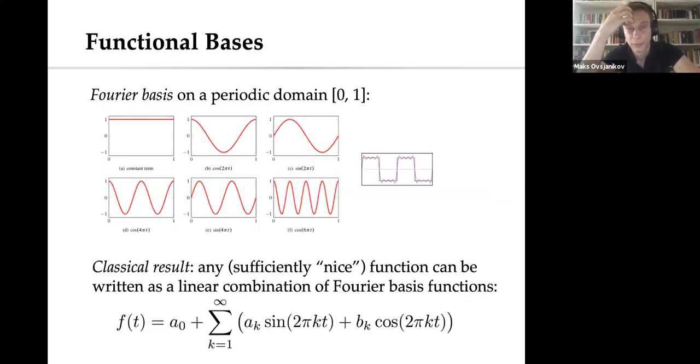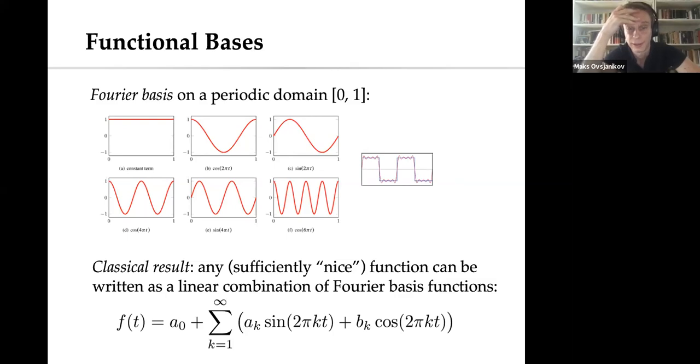I guess most of us are familiar with the classical Fourier basis. If you look at the periodic domain, the space between 0 and 1 on the real line, and consider functions on the space, then a classical result from the 19th century is that any sufficiently nice function, there are some technical conditions, can be written as a linear combination of Fourier basis functions.